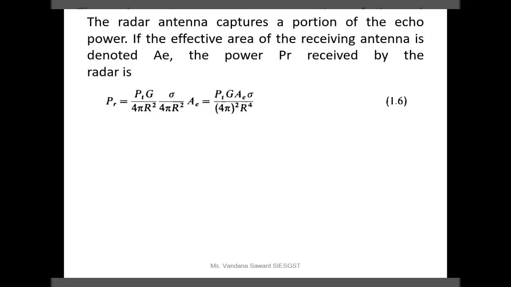The power Pr received at the radar is given as Pr equals PtG upon 4 pi r square into sigma upon 4 pi r square into Ae, that is equal to PtG Ae sigma upon 4 pi square r raised to 4. So that is the total power received at a radar with the antenna having effective area Ae.